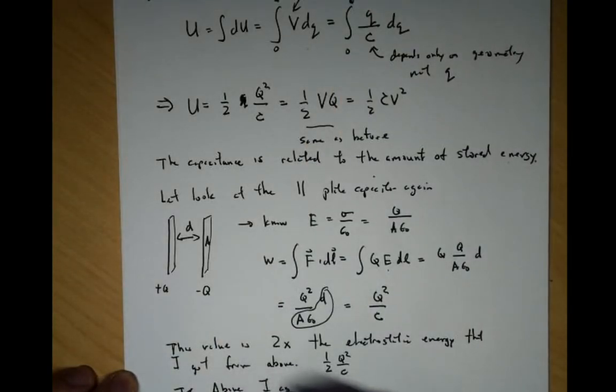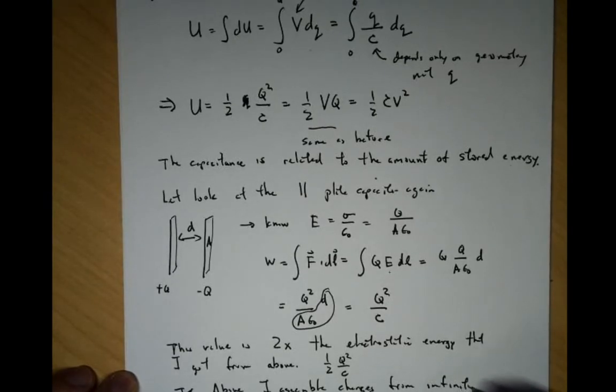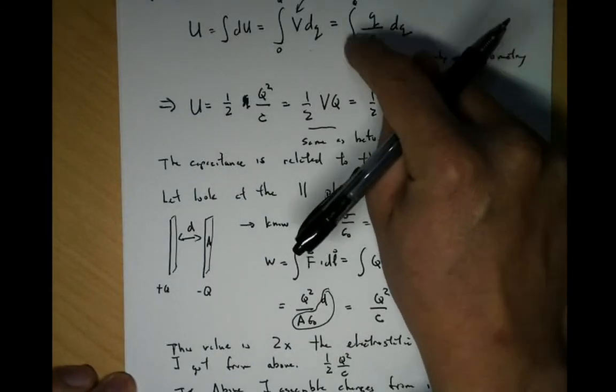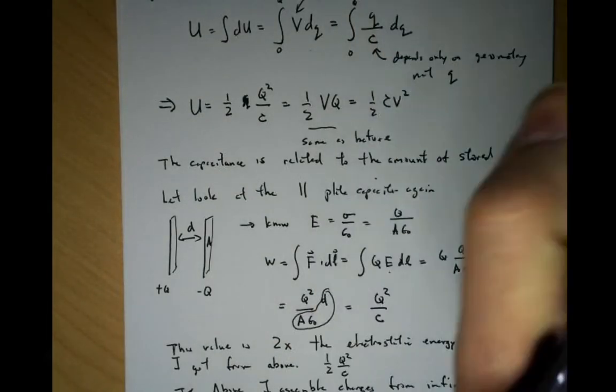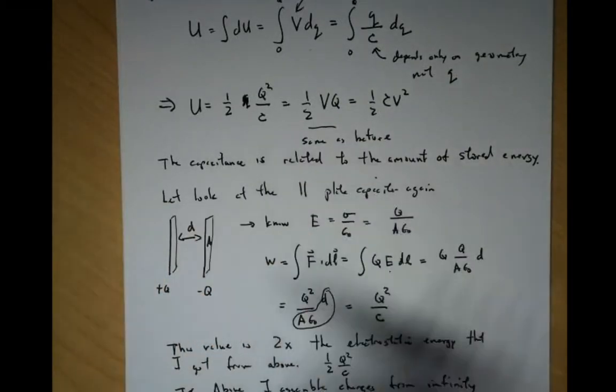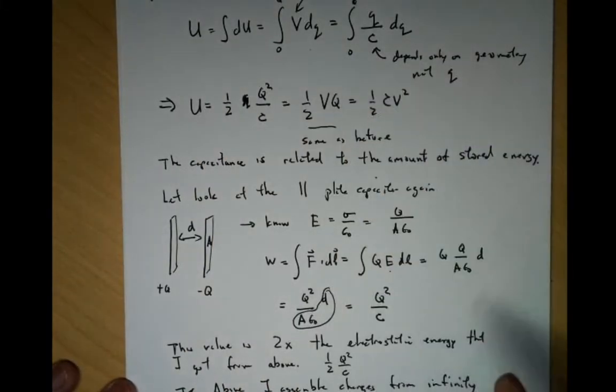That's where this integral up to Q comes from. You take the charges, bring them in, you slowly put the charges in and you basically generate this charge. In that case, you get the electrostatic energy of this as 1/2.